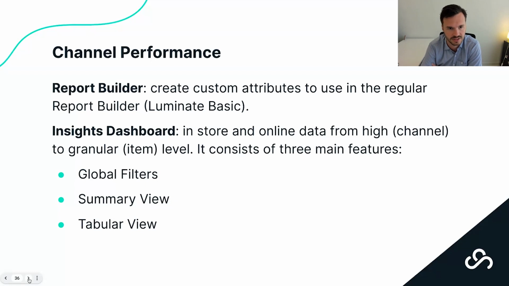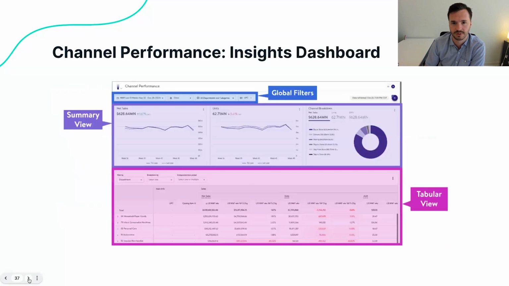So across the channel itself, like we've been talking about, and down to an individual item. We're going to break down this dashboard a little bit more and explain what that is too. So the global filters, that's where you can do some of that high or granular level detail that you're looking for, as well as time frames and stuff like that. And then you have the summary and tabular views, which we'll be looking at here.